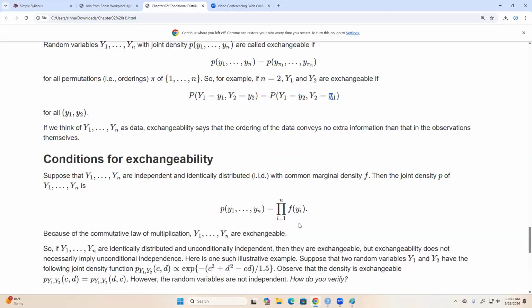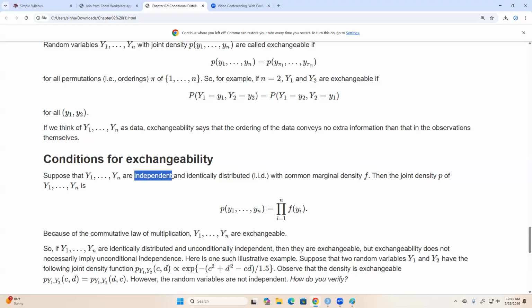Now, conditions for exchangeability. Suppose that y1, y2, ..., yn are independent and identically distributed with common marginal density F. Then the joint density p(y1, y2, ..., yn) is this, because they are independent.